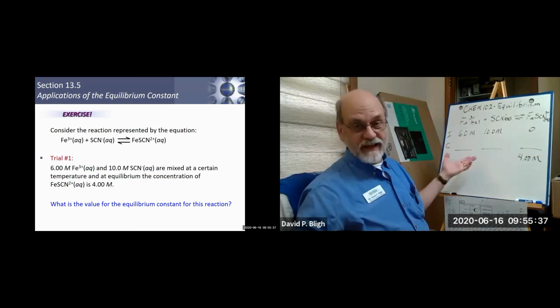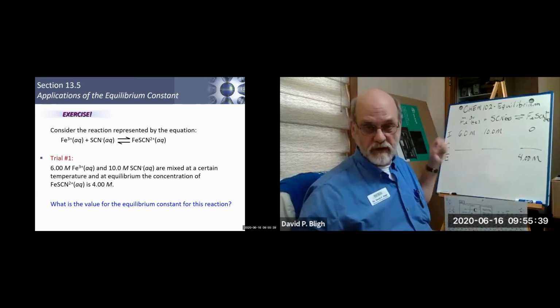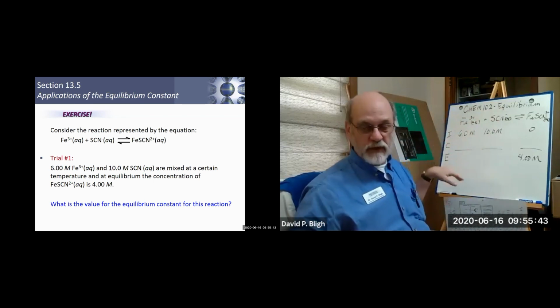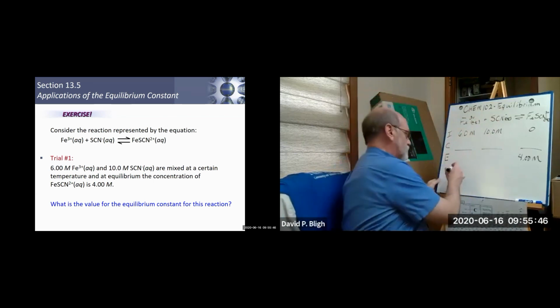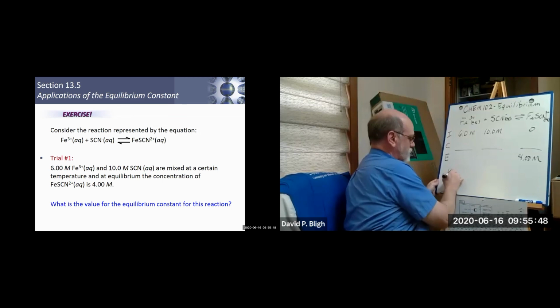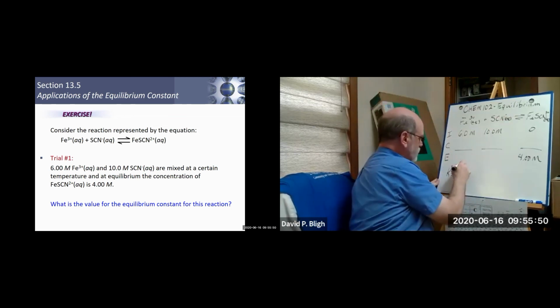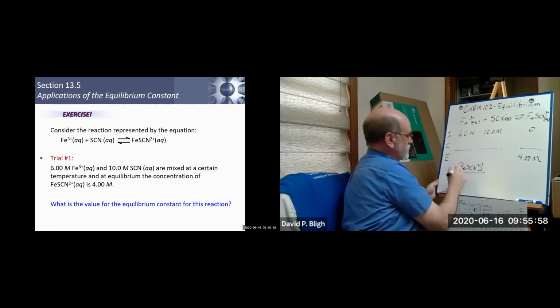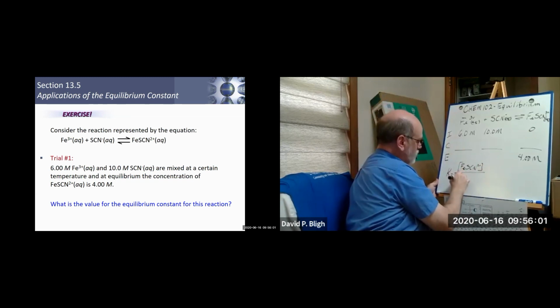Now, at first glance, we don't know if we have enough information. So we checked our balanced equation. Now we need to write the expression for the K, right? So it's this equilibrium concentration divided by the product of this equilibrium.